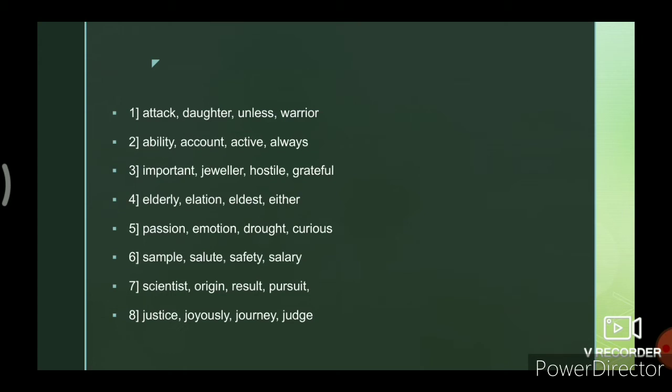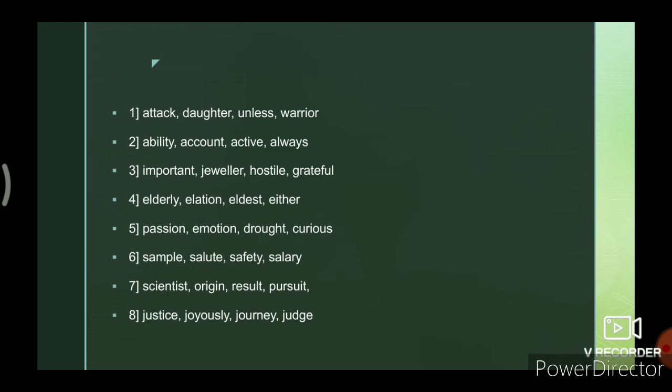If you go to the third example, then you will get important, jeweler, hostile, grateful. You have to read these words at first and think over which letter comes first. Just count in your mind: A, B, C, D, E, F, G. G first means grateful.